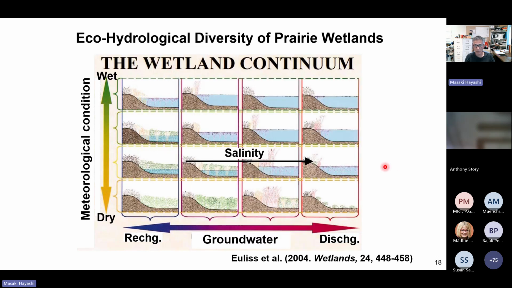And this is the space part: the groundwater recharge and discharge connected by the regional flow system and the intermediate flow system governs the salinity of wetlands. So they support different ecosystems adapted to the freshwater environment and the saline water environment.